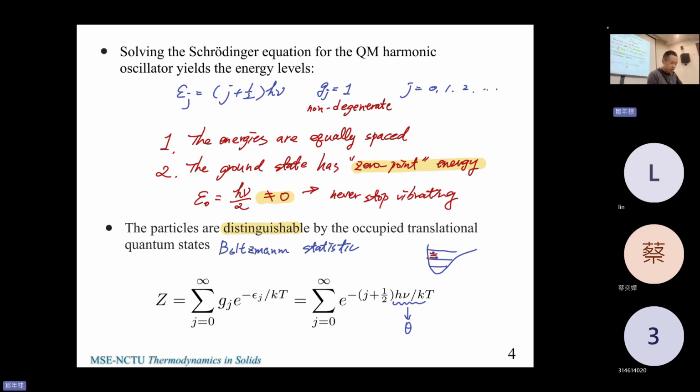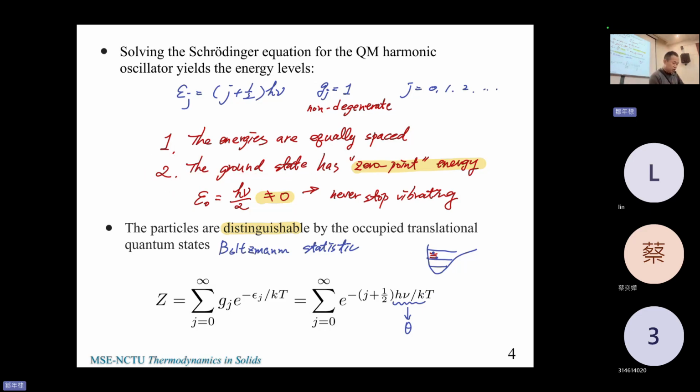Okay, non-degenerate. And then a very important thing is that you can see the energy is equally spaced. J is a constant index, 1 or 2 or 3 or 4, but each energy level is spaced by h nu. Very good. Very important thing, second one, the ground state.